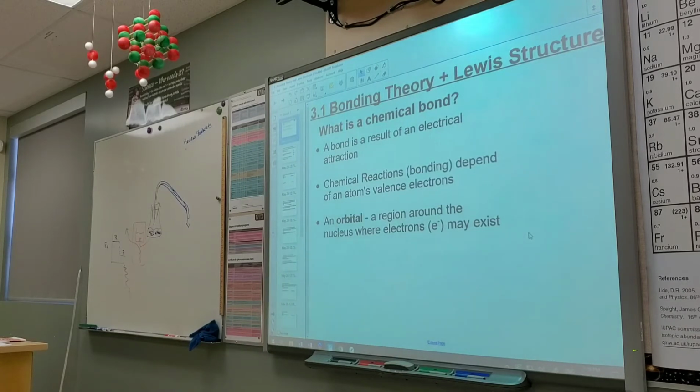We're going to tie this information into some concepts that we've learned about earlier on in the semester. For example, do you remember all the way back in September when we were talking about gases, and the difference between real and ideal gases? Real gases are attracted to each other.